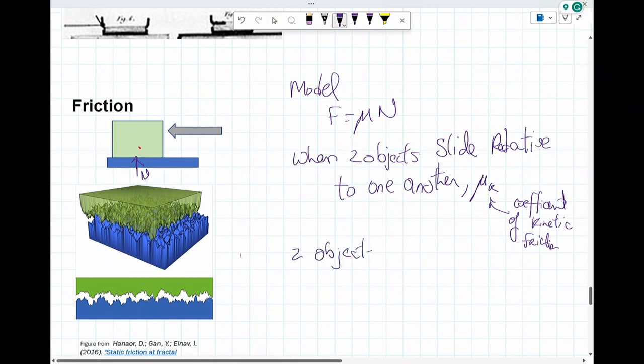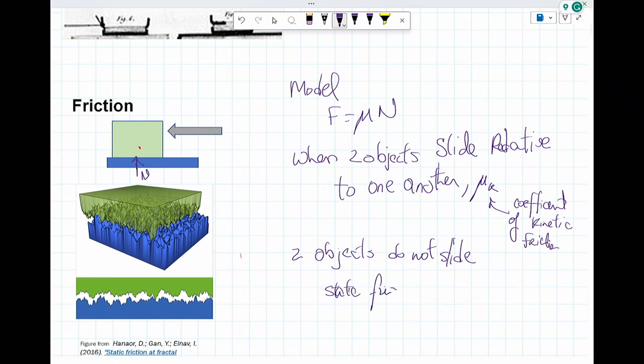Two objects don't slide: static friction. And that's mu sub s. And we'll talk more about that. Well, we'll talk about it for about 32 seconds, but then we'll continue on Monday.